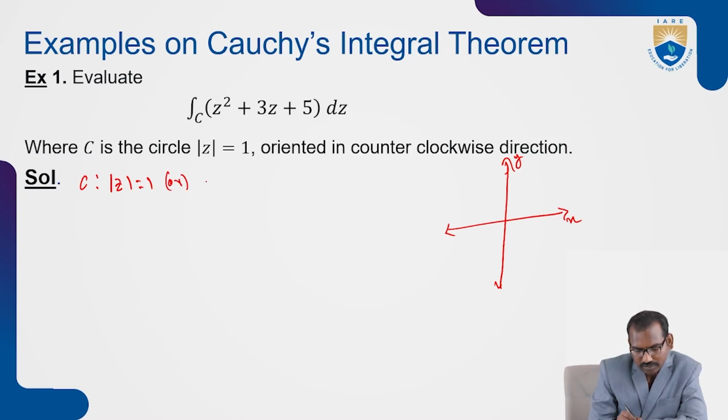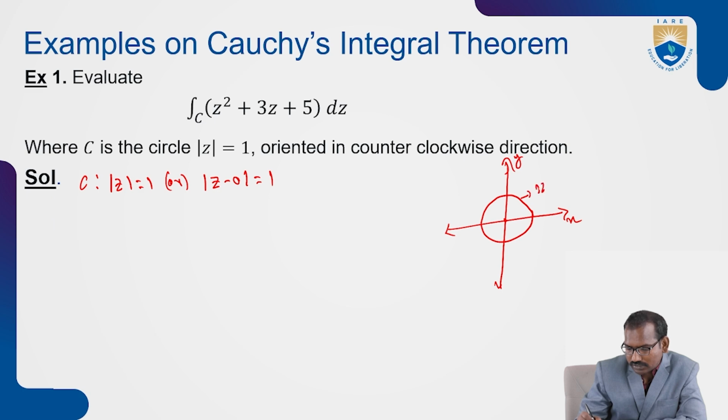I am writing it as mod z minus 0 equals 1. So z equal to 0 is the center of the circle whose radius is 1. This is simply mod z equals 1, and this is z equal to 0, and the radius is 1 unit.